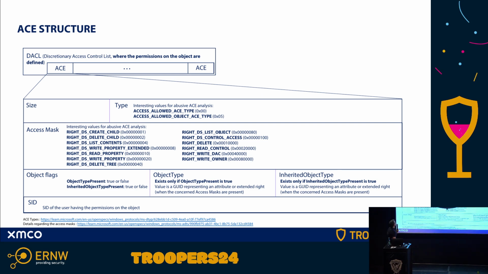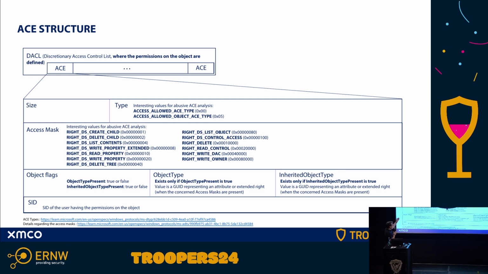Let's take a deep look at the DACL. You can see it as an array of access control entries, and each access control entry looks like this. There is a size and a type. For us, the most interesting types are access allowed types, but you can also find access denied types, because sometimes you want to deny permission to an object. But if you want to look for suspicious ACLs that could be used in a pen test, we just look at allowed.